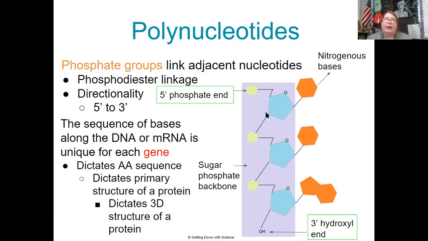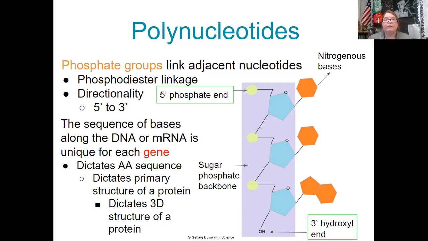Each set of 3 nucleotide bases codes for 1 amino acid. And if I change one nucleotide, like one letter got changed, I can change what amino acid gets put into the protein. And once I change an amino acid in the protein, it's not going to fold the same way. So that also changes the 3-dimensional structure of a protein.